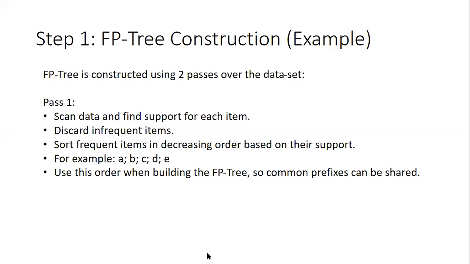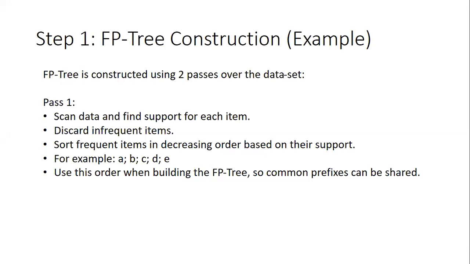So here, what is in step 1? As I told, there will be two passes: pass 1, pass 2. Pass 1 is just scanning the database and counting the support count of each item from the transaction database and removing the infrequent item sets.